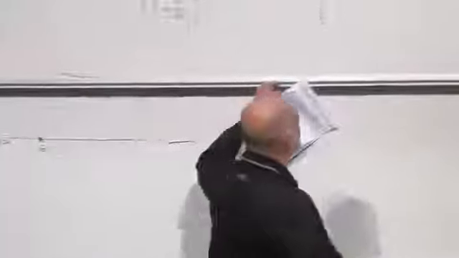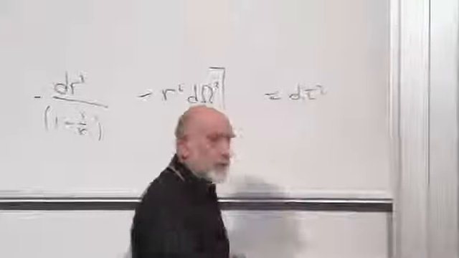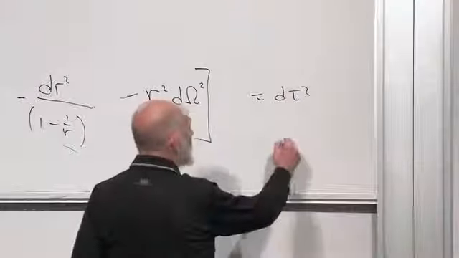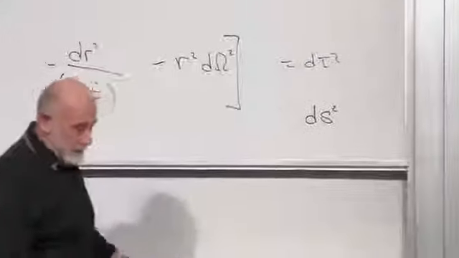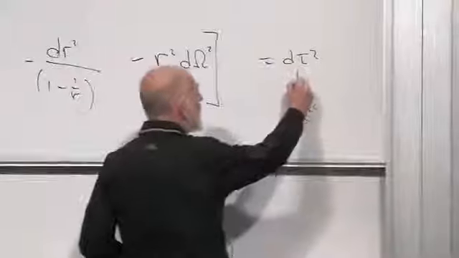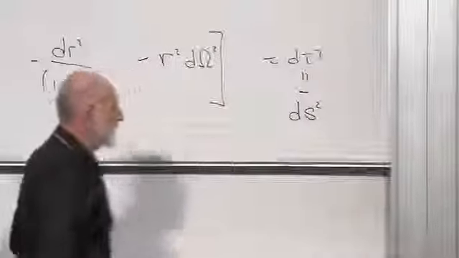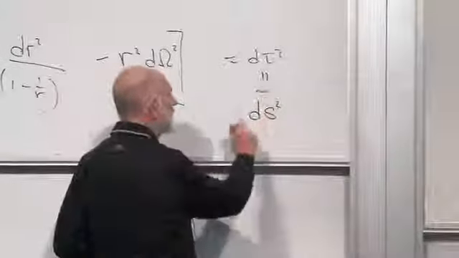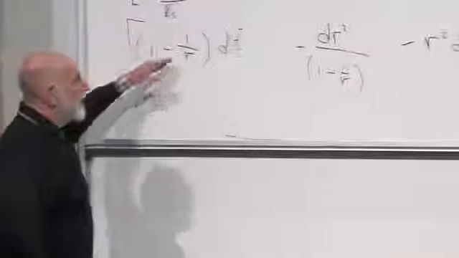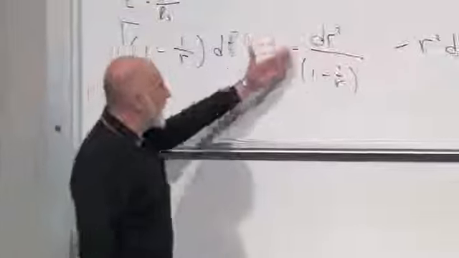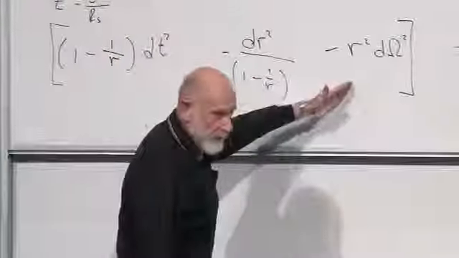Remember that d tau squared is proper time, ds squared is proper distance, and these are just equal to minus each other. Proper distance is the same formula but with plus signs here.